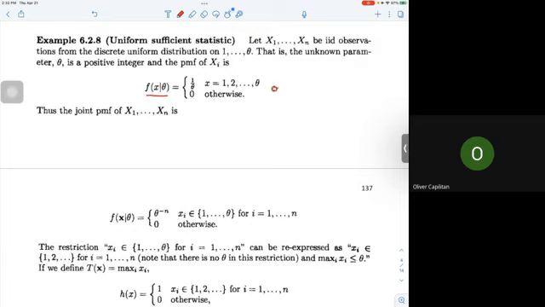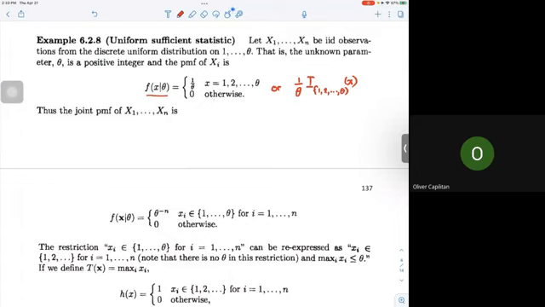Or we can write this using the indicator function simply as 1 over theta times the indicator function on the set 1, 2, up to theta, evaluated at x.